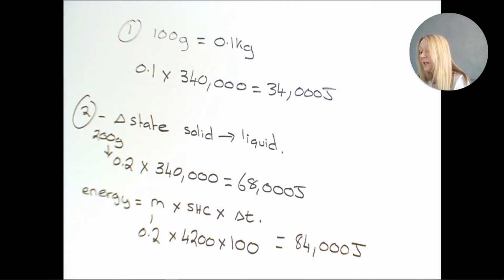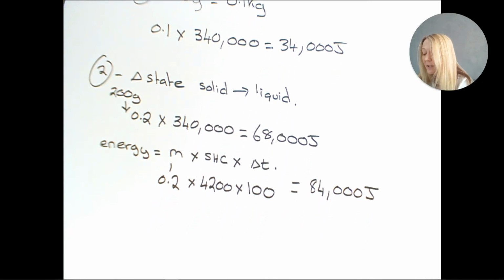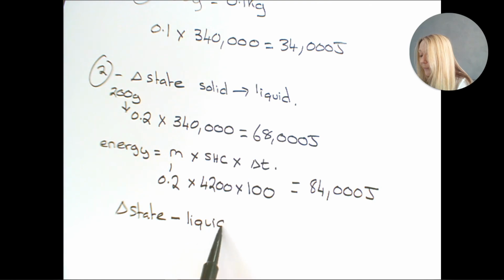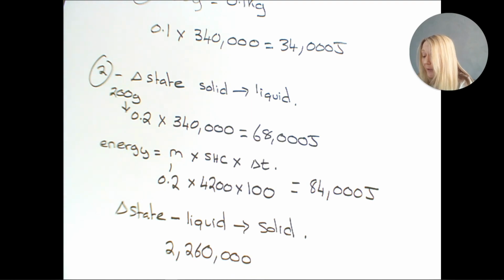So the next part of this is to change the state again. This time the change of state is from a liquid to a gas. And we know that the latent heat of vaporization is a lot higher at 2,260,000 joules per kilogram.